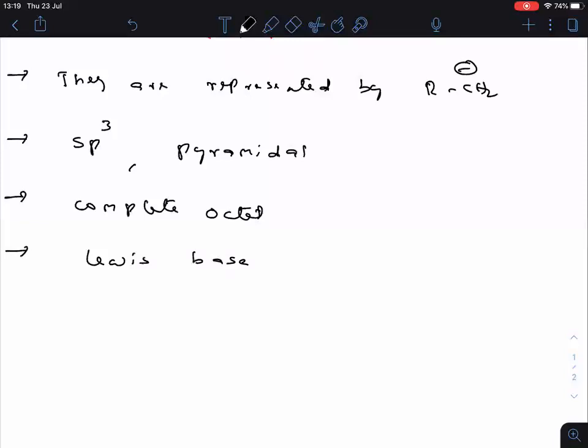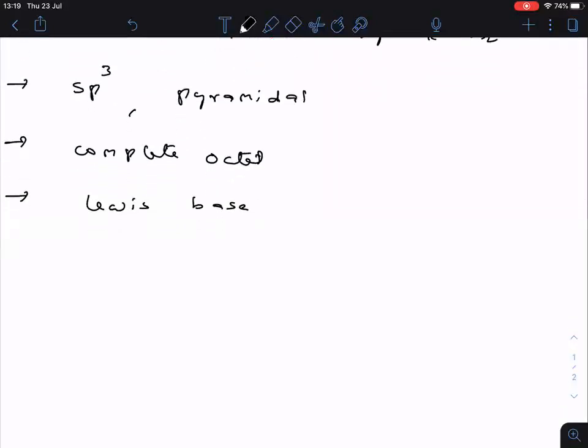It acts as the Lewis base. Remember, everyone, this carbanion of the Grignard reagent is a strong base and a strong nucleophile also. Strong base, and at the same time strong nucleophile.